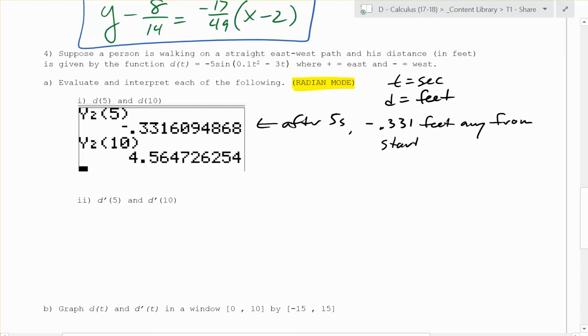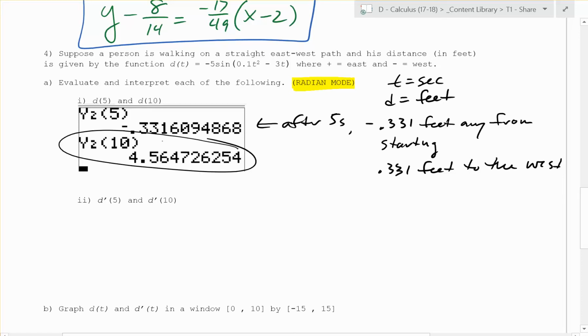We could also say that as 0.331 feet to the west, because negative is west. And after 10 seconds, the person is 4.56 feet to the east.